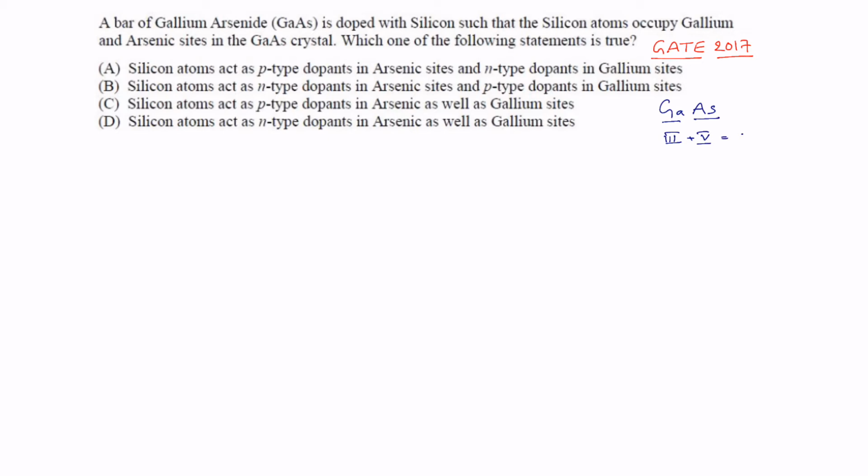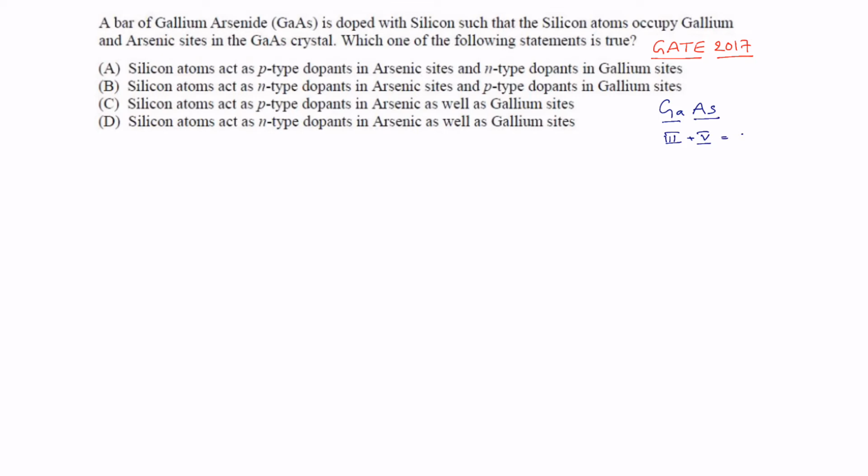Remember that gallium arsenide is a direct band gap semiconductor and silicon and germanium are indirect band gap semiconductors. So gallium arsenide is mainly used for light emitting applications. When recombination takes place, a photon is generated in gallium arsenide, which is not true in silicon, because silicon is an indirect band gap semiconductor, whereas gallium arsenide is a direct band gap semiconductor.